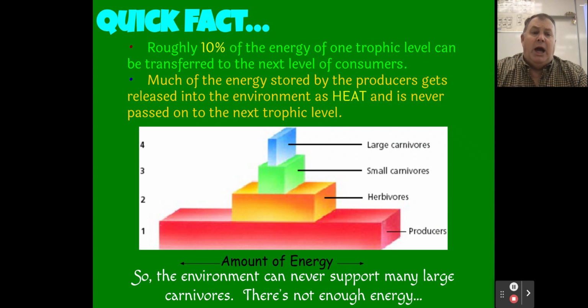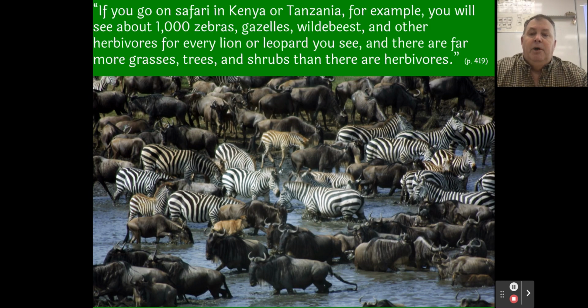One of the reasons why large carnivores that are the tertiary consumers are in such small numbers is because, when you think about it, only 10% of the energy that's total produced in the ecosystem is going to be available to those top tier consumers. An example of that is if you go to the Serengeti, there might be 1,000 zebras, gazelles, and wildebeests all within a particular area.